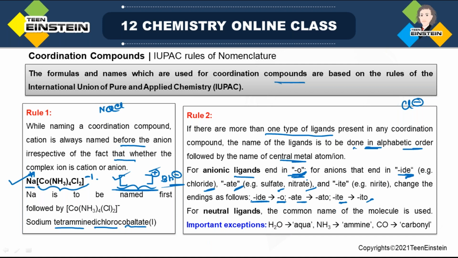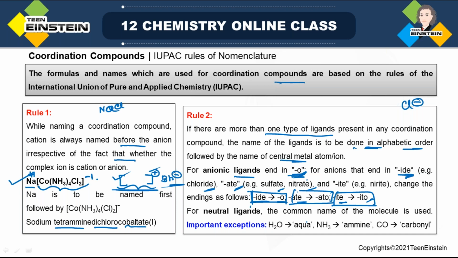So remember, once again I am repeating: if it is ide, it will be O, that is chlorido, bromido, or chloro or bromo. If there is ate, it will be changed to ato, sulfate to sulfato, nitrate to nitrato. And if there is ite, for example nitrite, it will be changed to ito, nitrite to nitrito. So in this way there will be some change.